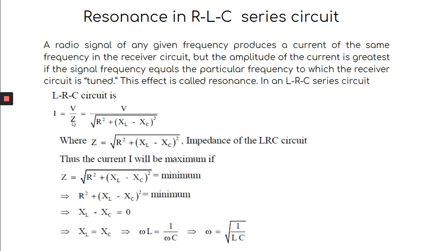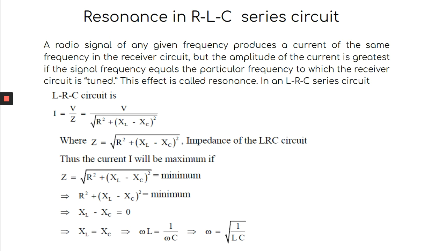So you can also write this as V divided by the square root of R square plus (XL minus XC) square, because you know the impedance is the square root of R square plus (XL minus XC) square. Now let us see, for a particular circuit, you have designed a circuit with particular values of L, R and C. How can you get the maximum current?